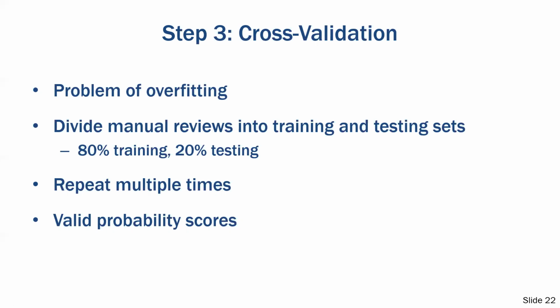To address this problem of overfitting, we adopted what's called a cross-validation approach. We divided the manual reviews, the 3,000 manual reviews we did, into training and testing sets. 80% of these reviews we trained the model on, and then 20% the model hadn't actually seen before.